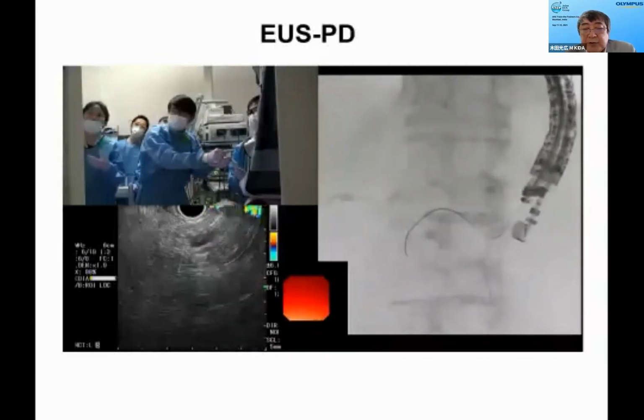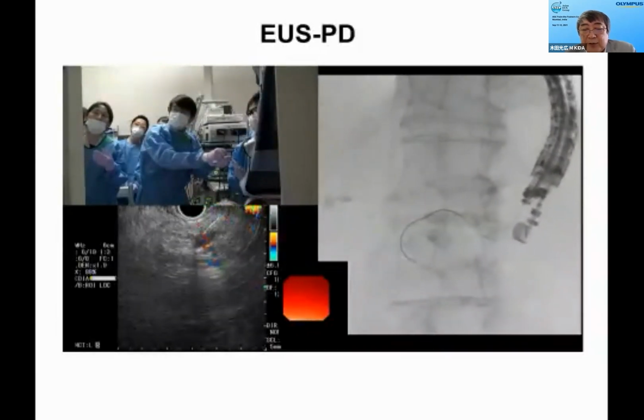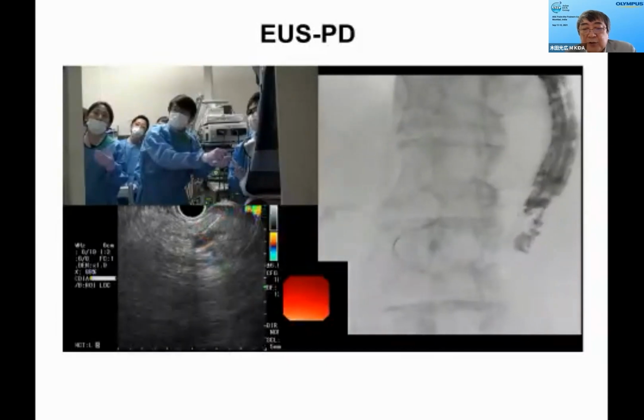Generally, we would like to insert the guide wire as much as possible. So at least the third portion of the duodenum is better.